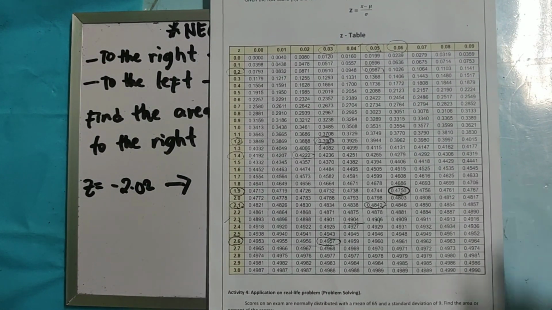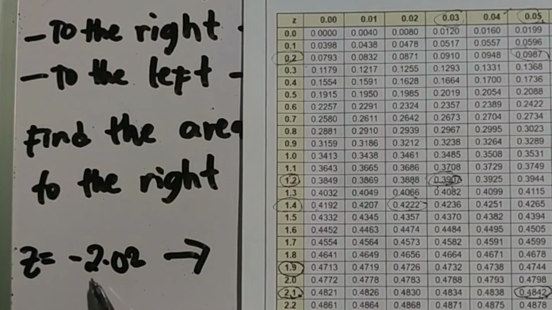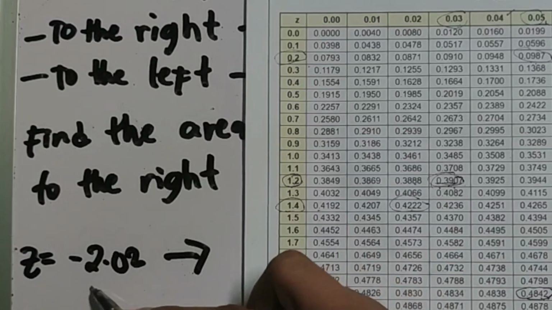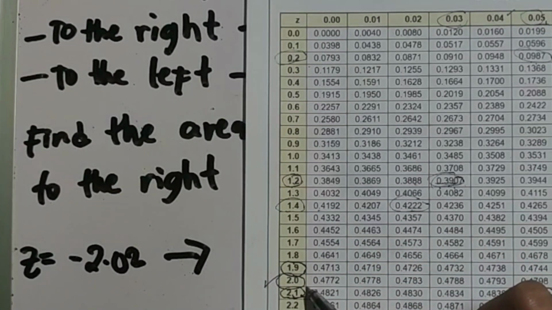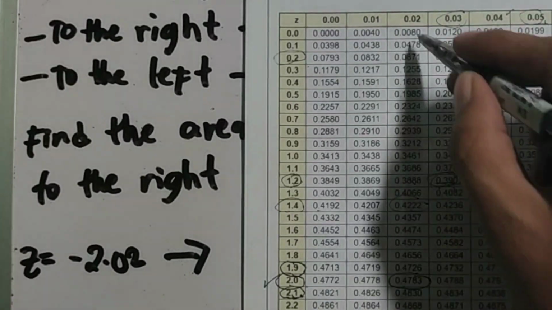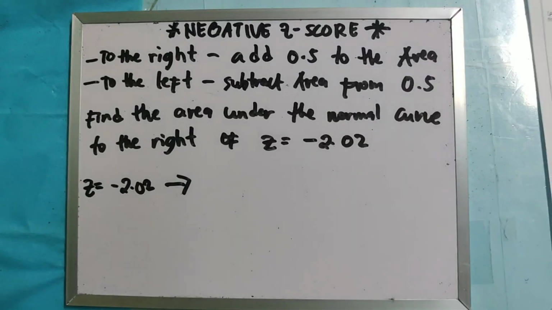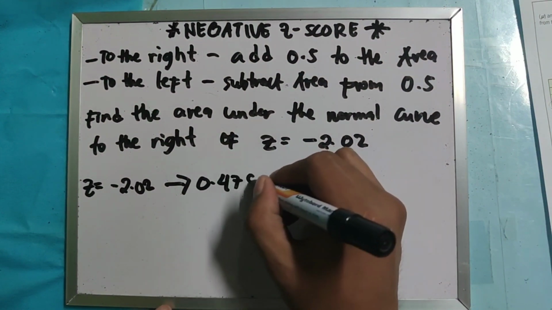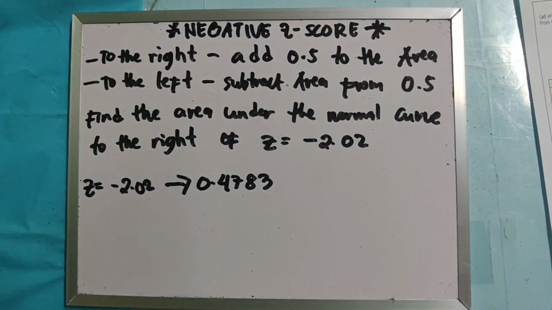The z table, 2.02, so find the 2.0. The 2.0 is here, and 0.02 is here. So, 2.0 connect to 0.02, the area is 0.4783. So, that is now the area.